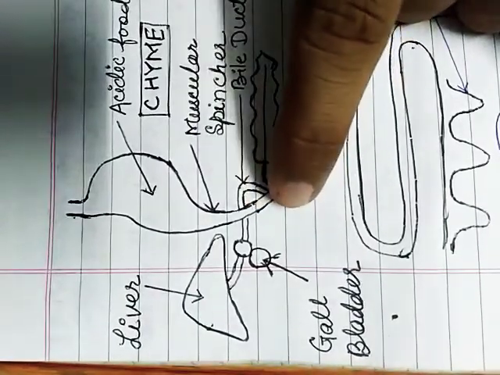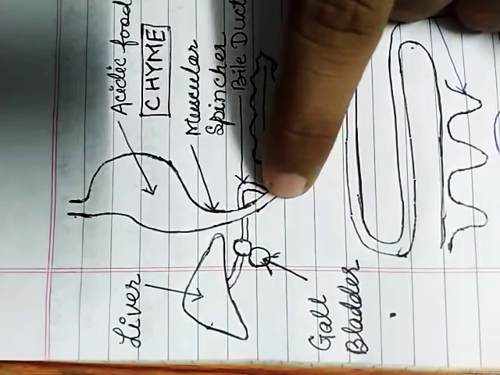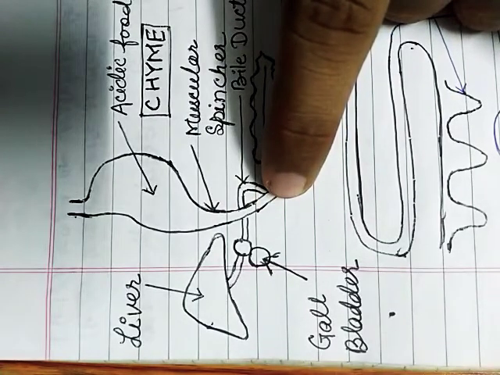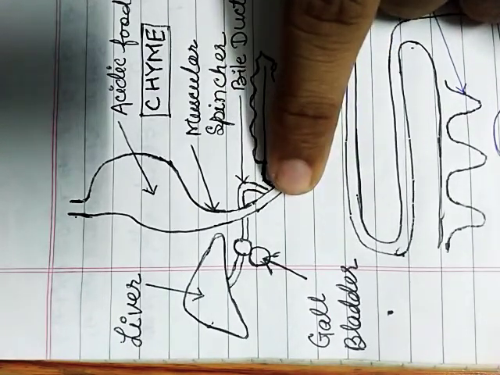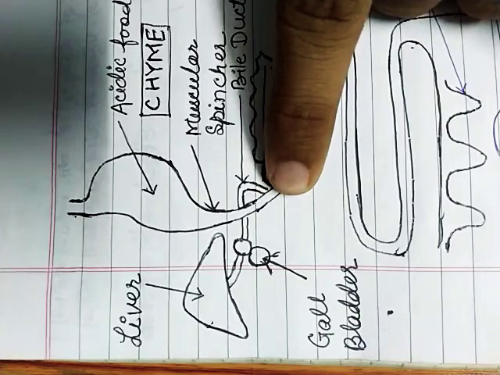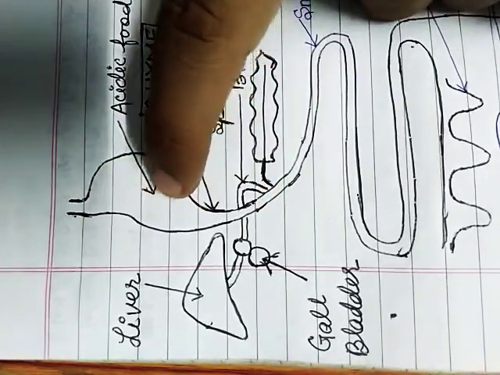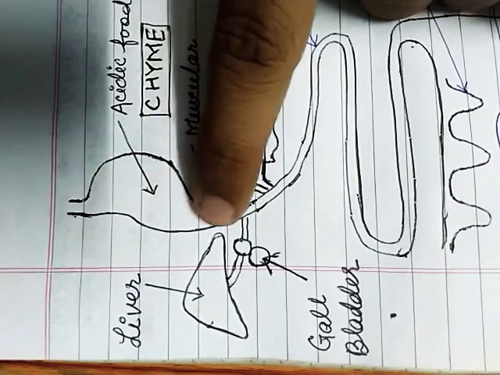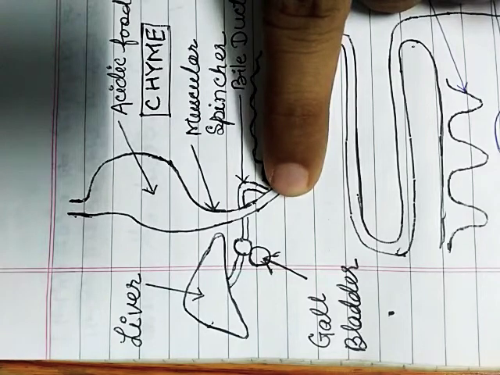The bile juice which is given to the small intestine through the bile duct emulsifies the fat. Now, what do we mean by the term emulsification? The breaking of big droplets of fat into small droplets is known as emulsification. Whatever big drops of fat were accumulated here are broken down into small droplets of fat.